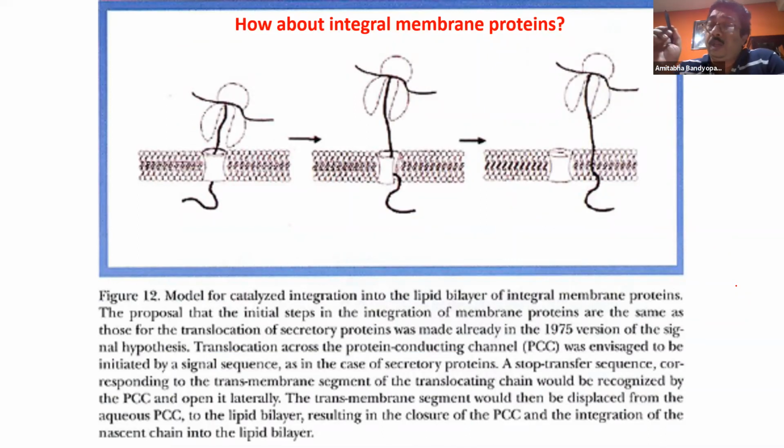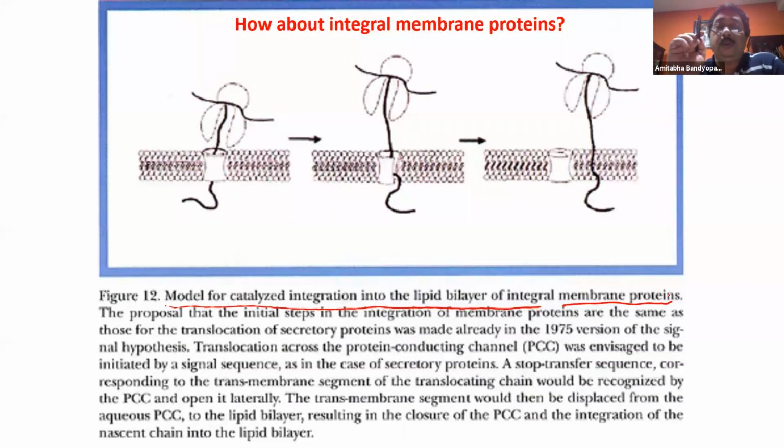Then the question was, how do the integral membrane proteins get inserted in the membrane? So his postulation was a model for catalyzed integration of integral membrane proteins into the lipid bilayer. These are all models, 1975.